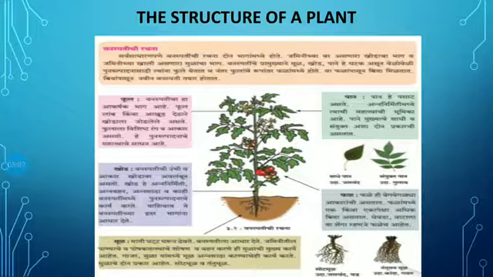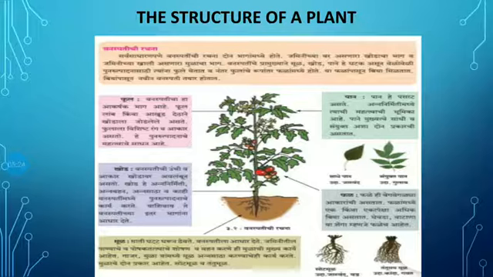Next is the leaf. The leaf is flat. It plays an important role in the production of food. We call the process photosynthesis.